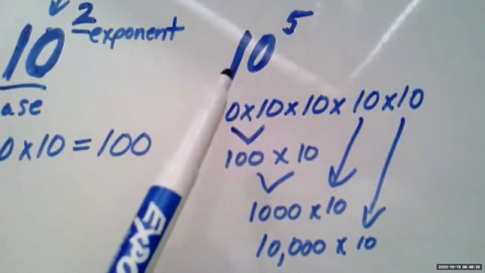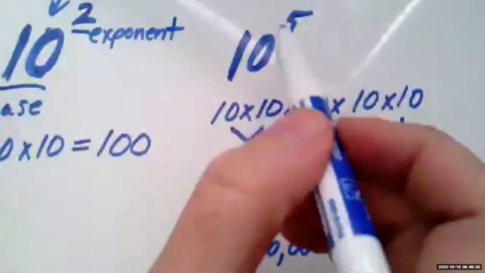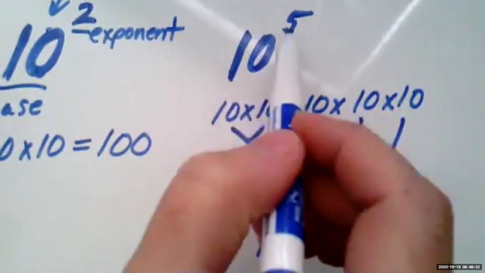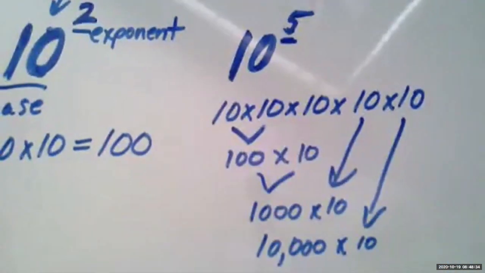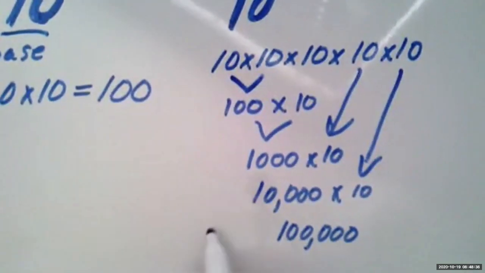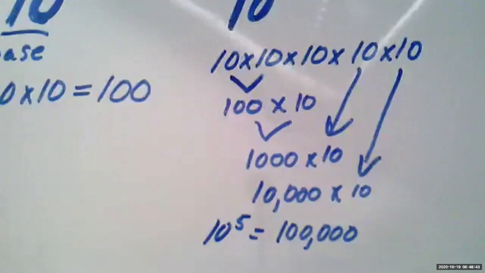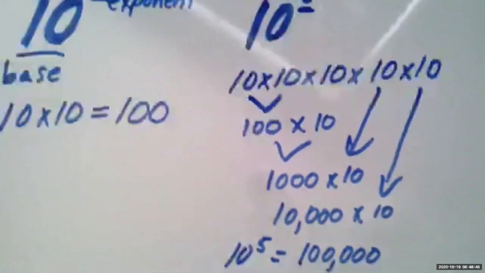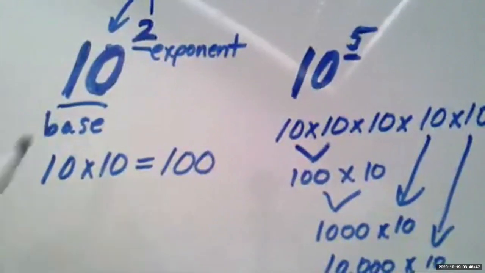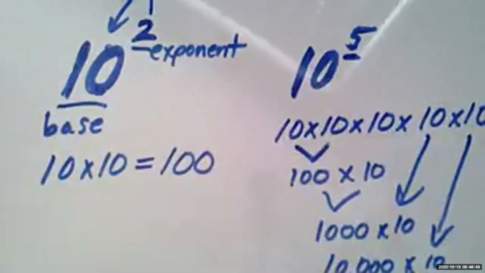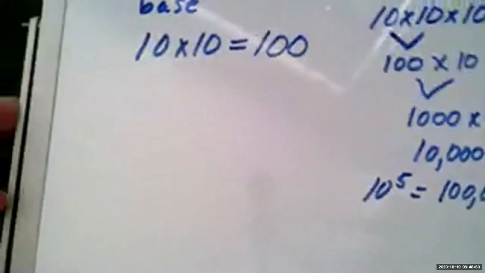Now, the cool thing, I think it's cool, whenever you multiply tens times a power or times an exponent, you can actually count the number of zeros. So this is kind of a shortcut. It's a 1 followed by 5 zeros. And if you notice, 10 to the fifth power equals 1 followed by 1, 2, 3, 4, 5 zeros. That's kind of a shortcut when you're multiplying powers of 10. However, I'm going somewhere with this, so follow me just for a second.